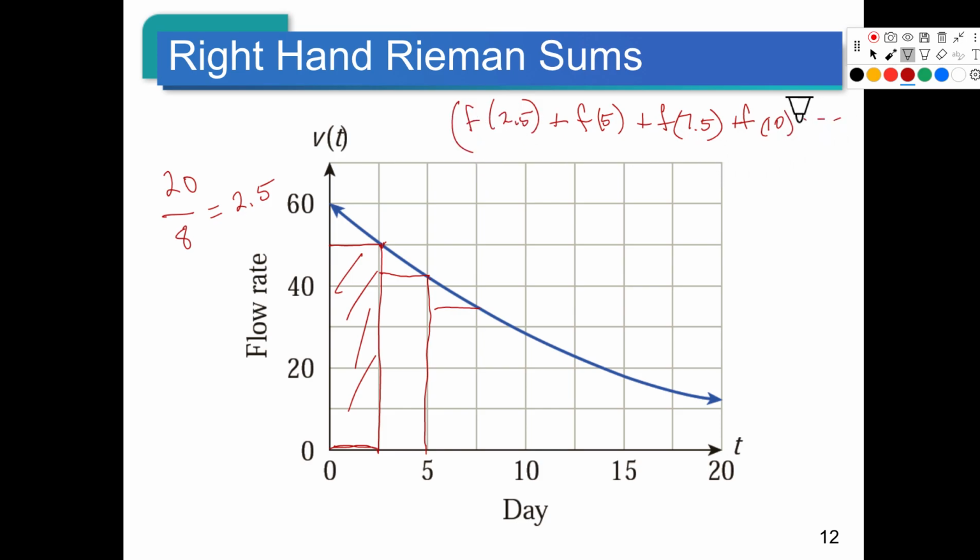And then we're going to multiply this whole thing times what? How wide is this? It's 2.5. That's the width. Each of these is 2.5 in width, so we multiply each of them by 2.5. But I like to think of it, just add them all together, so you're adding all the different heights, multiply by the width, because they're all going to be the same. Okay, so that's all it is.